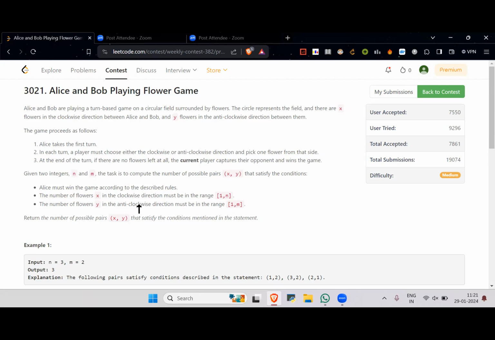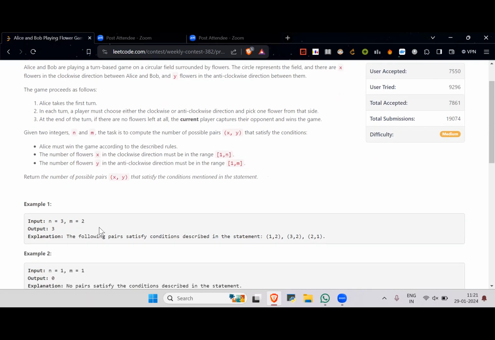We don't need to return all the possible pairs of x and y, we just need to return the count of the possible pairs. So here, if n is 3 and m is 2, these three are the possible pairs, and that's why the output is 3. Let's see how we can solve this question.